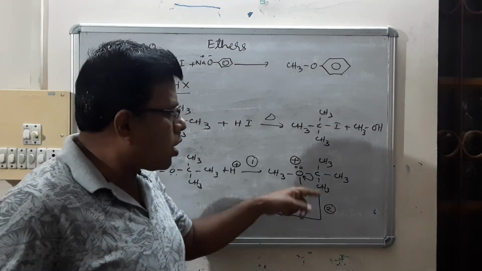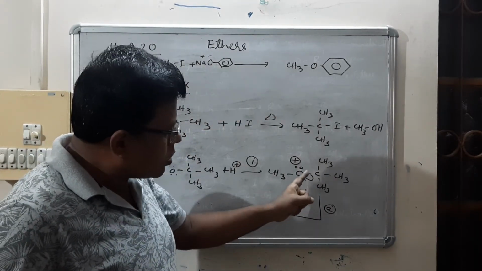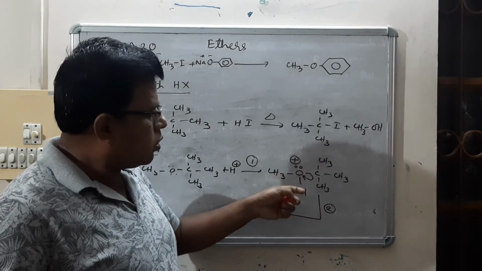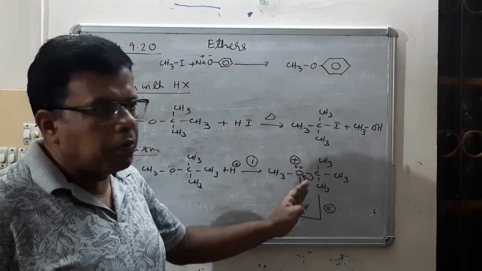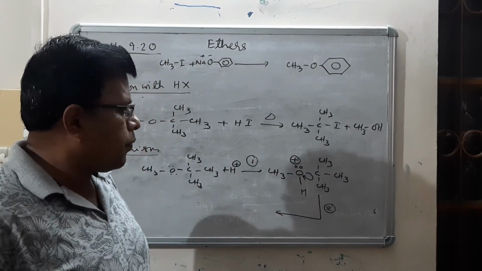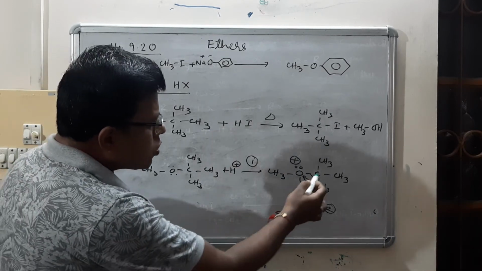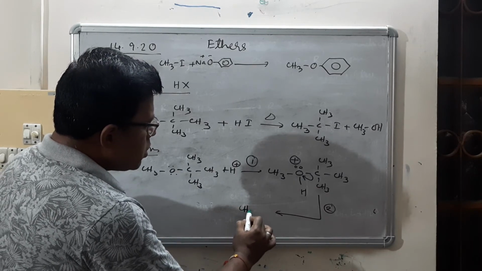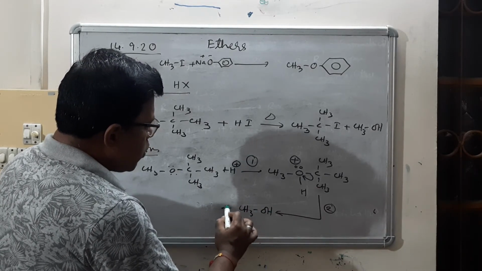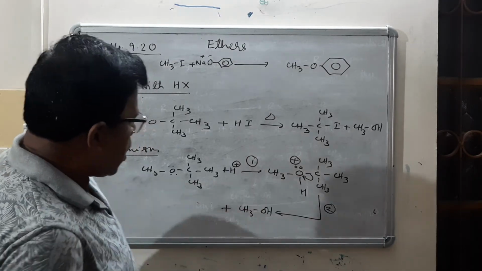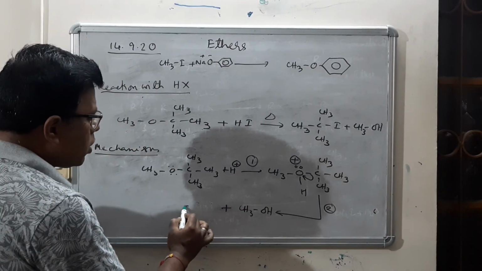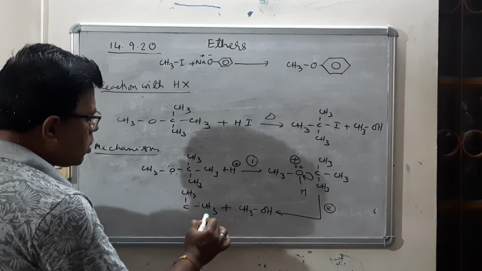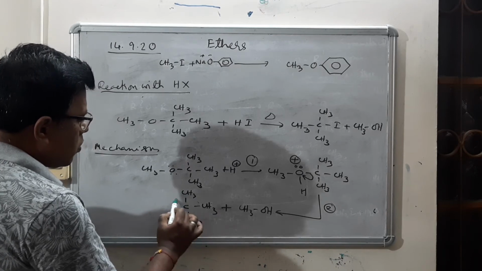Why does it happen here different from the previous case? Because this can give a very stable carbocation. That's why here ionization will take place before nucleophile can attack. So this ionization will give us CH3OH as one product and a carbocation, (CH3)3C+.